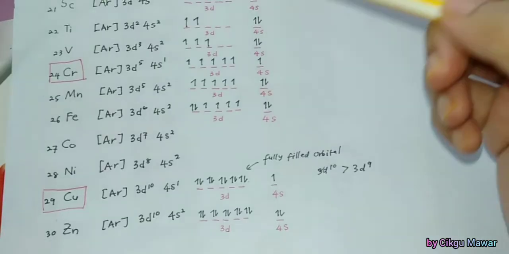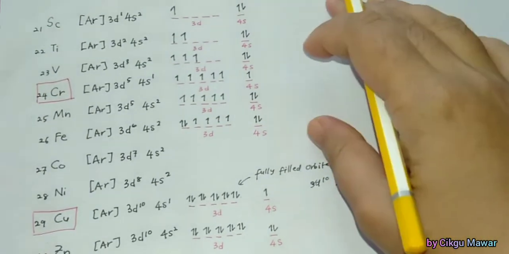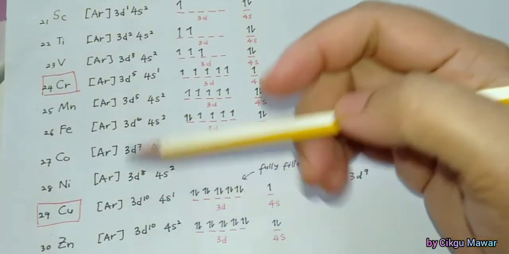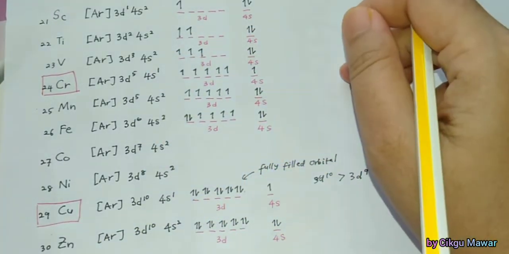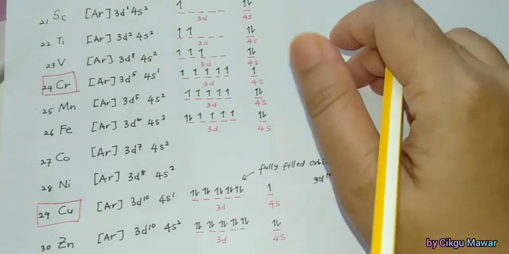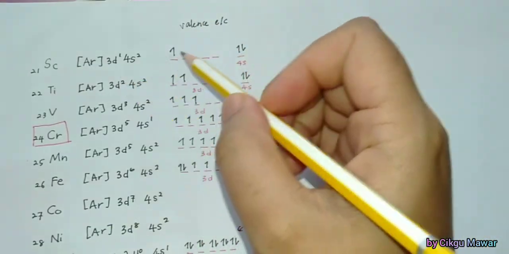Referring to this electronic configuration again, why are scandium and zinc not part of the transition elements? Now refer to the scandium electronic configuration.